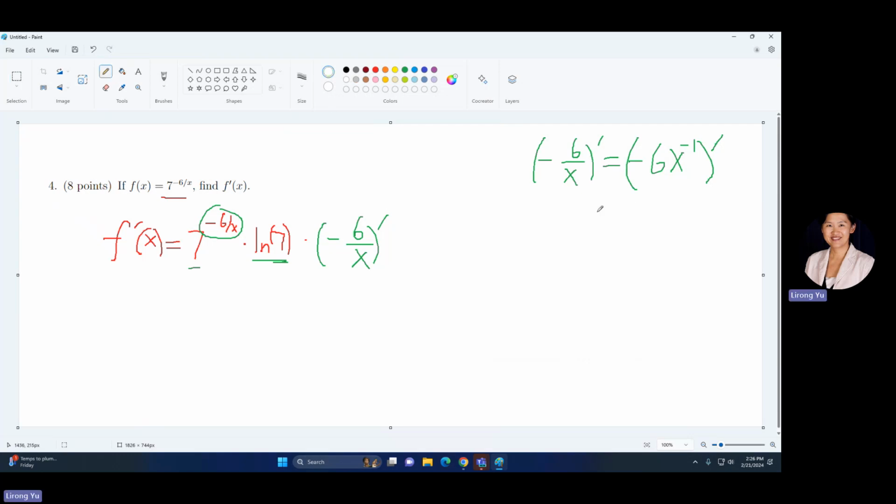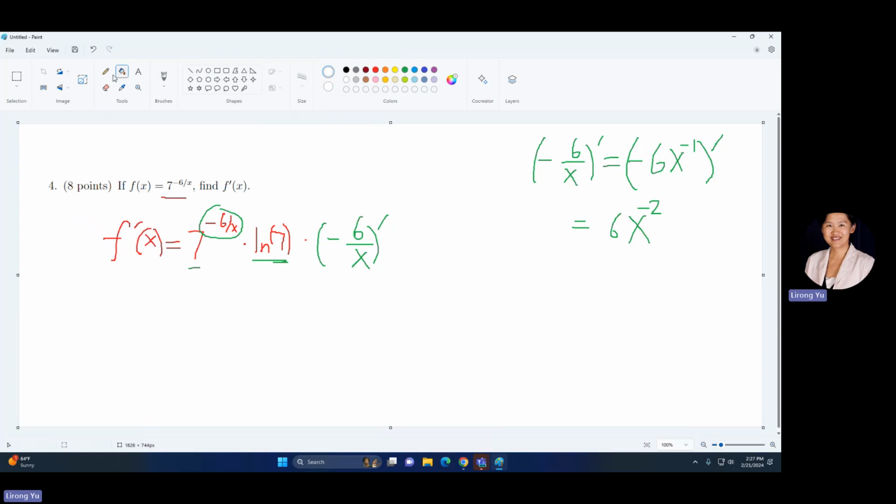So this is equal to: the power is negative 1, multiplied with negative 6 is 6. And then the power has to be minus 1. Negative 1 minus 1 is negative 2. Power rule. Are we okay? Any questions? That's my way of explaining how we get this derivative.